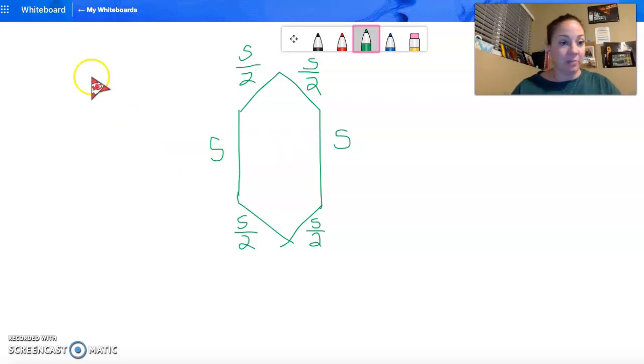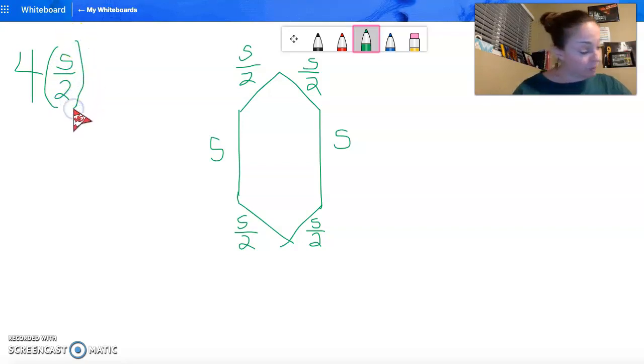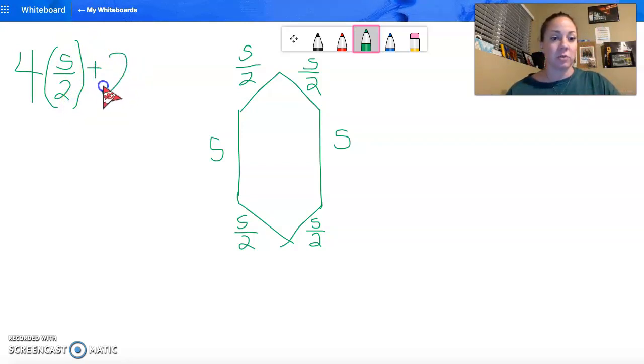So this girl named Linda, she says that the perimeter can be found by using this expression: 4 times s over 2, plus 2 times s. She says that that is one of the ways that we can figure out the perimeter of our hexagon here.